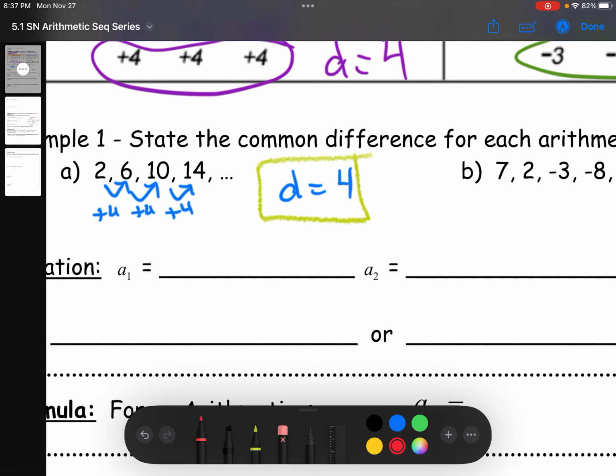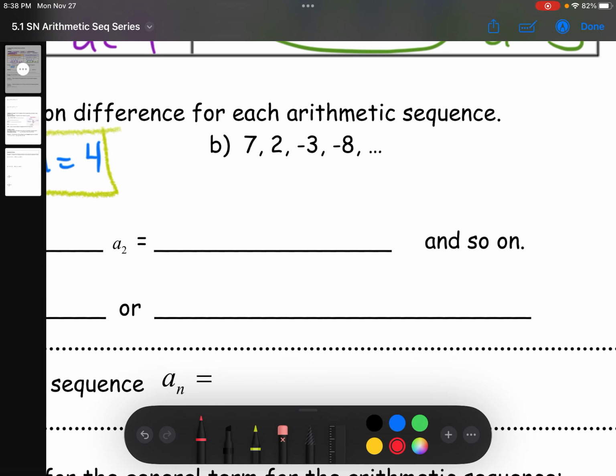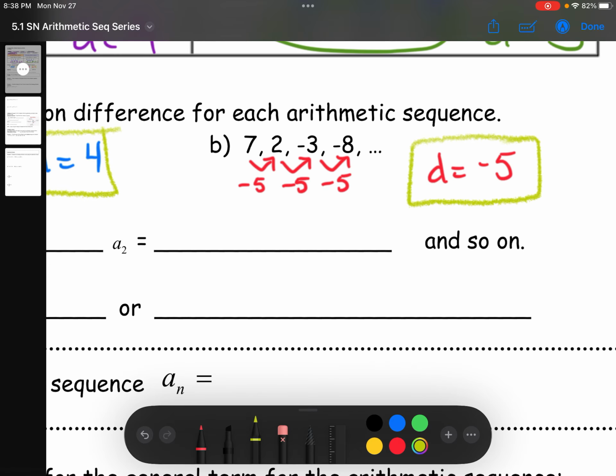If we look at the second one, we go from 7 to 2 to -3 to -8. 7 to 2, we subtract 5. We subtract another 5 to get to -3. We subtract another 5 to get to -8. So that common difference is -5. Yes, that negative makes a difference. Don't lose track of those.